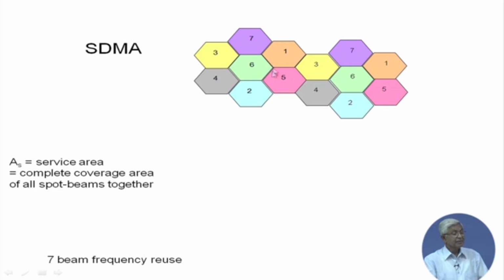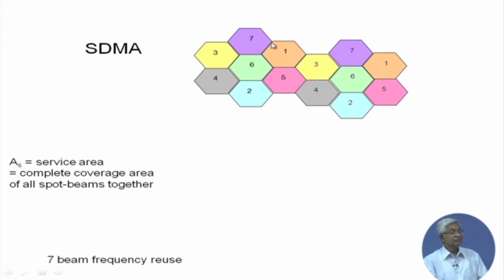So if it's a beam, its side lobe and even null will fall, very small amount of energy will fall here, corresponding from here to here. So the co-channel interference is very less, we put it far away. See this one, say this is frequency 1 or beam number 1, and in this cluster beam number 1 is far away, 2.5 beams away it is.